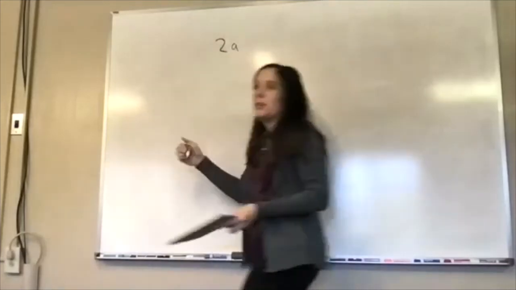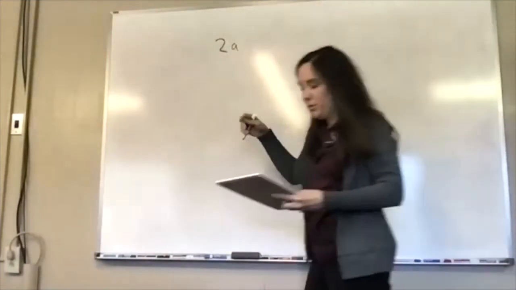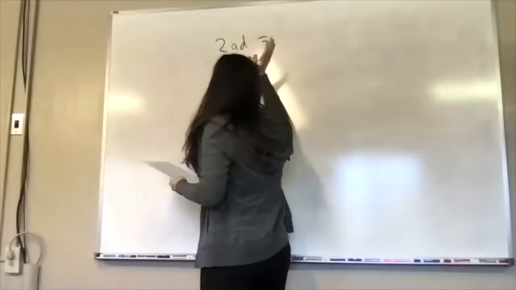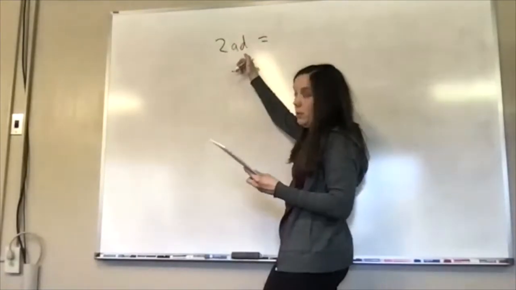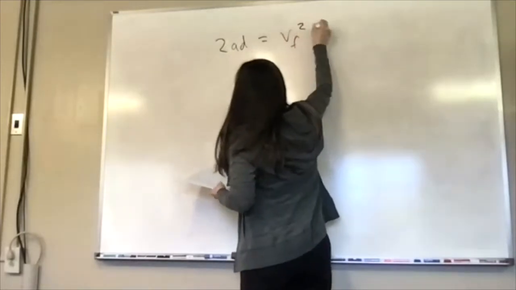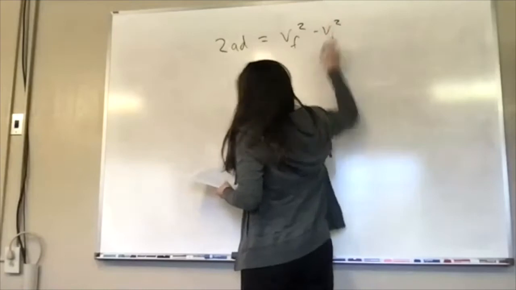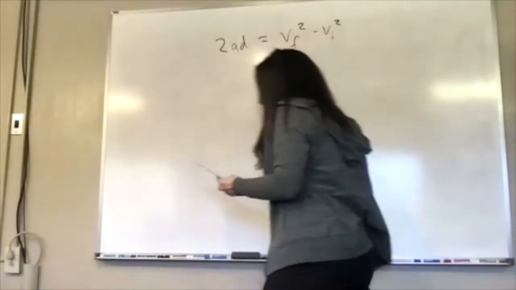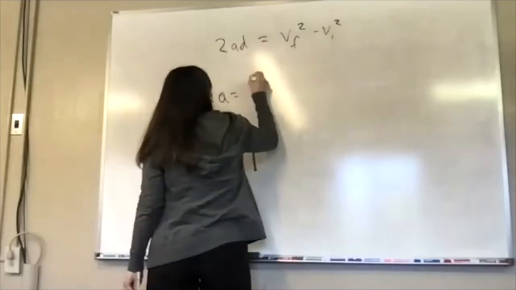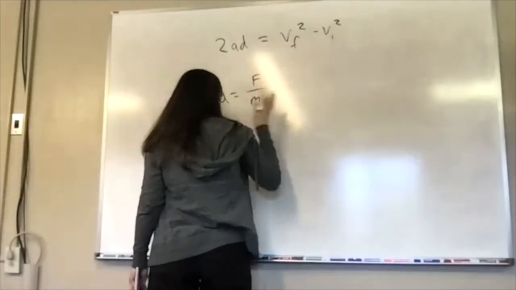So going back, this is, I think, from chapter 3 of last semester, but we use an equation that relates acceleration and displacement: a times d equals v final squared minus v initial squared. We can substitute in this equation. Acceleration equals force over mass, Newton's second law.